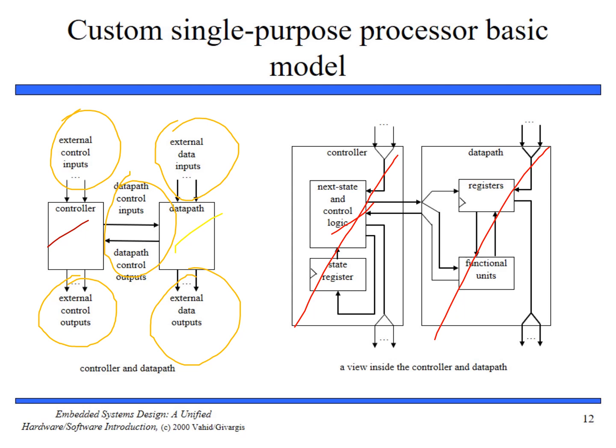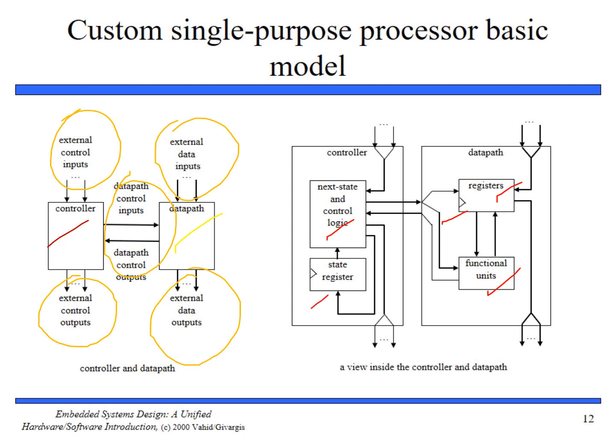If you look inside the data path, we have registers. Obviously we have to store some values. Register requires a clock, and then we have a functional unit, which means your ALU. In the controller we need to have control logic and a state register. Why do we need a state register?